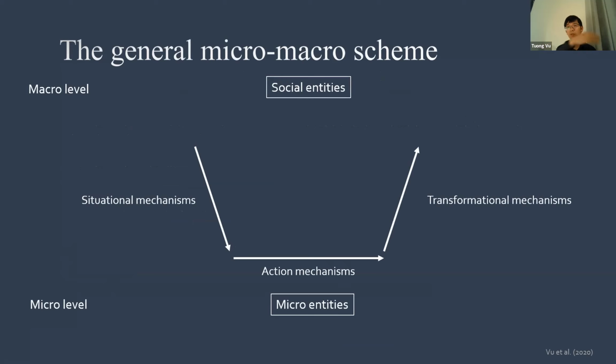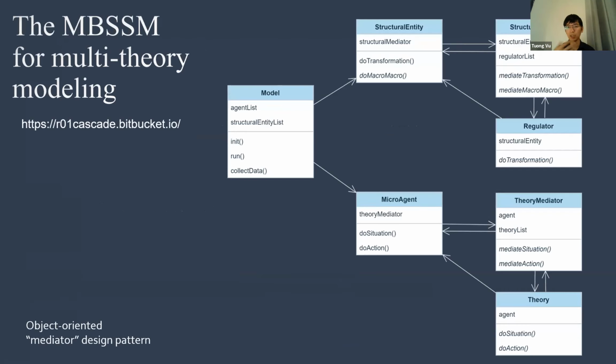You have the micro level, the macro level, and then you have a series of mechanisms that connect them between social entity and micro entity. We also allow a macro-to-macro mechanism because some theories support this. So we allow it in our general macro scheme, but you can use it or not, it's up to you. And then we built a software architecture for that.